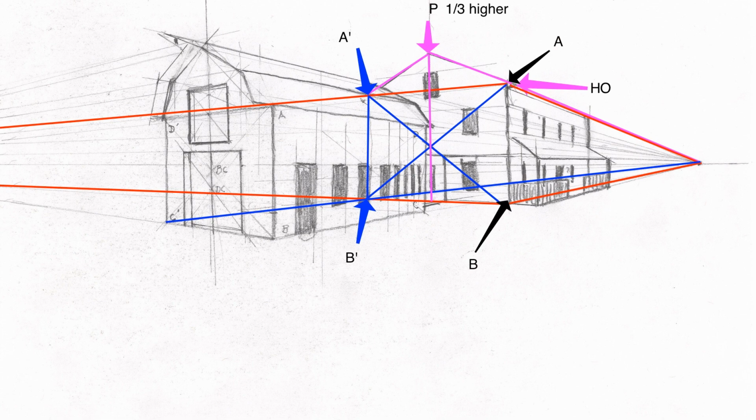I used the back baseline of the stable as the back of the inn. I decided that they were equal, and that's B prime and A prime. Put my X in, drew a line up to get the peak of the roof. Everything else is the same as the other side. From A and B then I ran the lines to the vanishing point on the right, and it's just that what you learned for the stable applies to the inn.